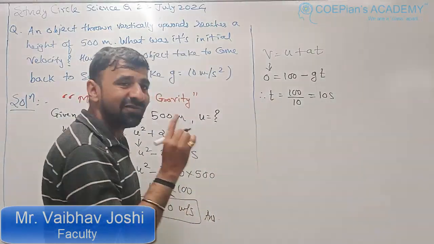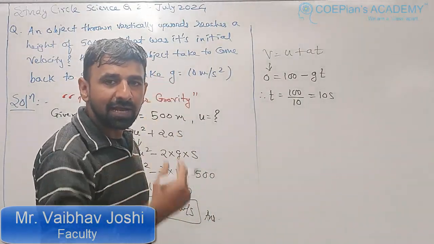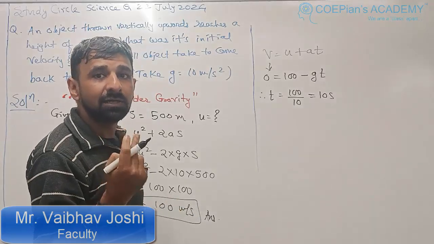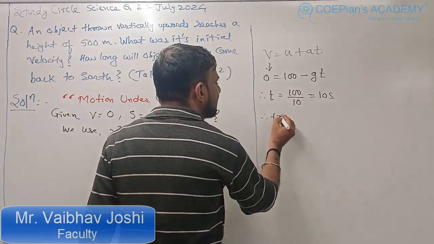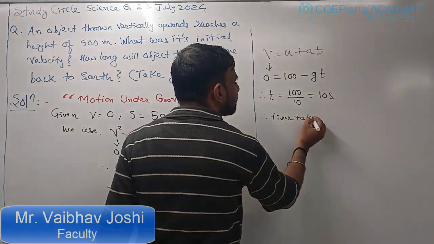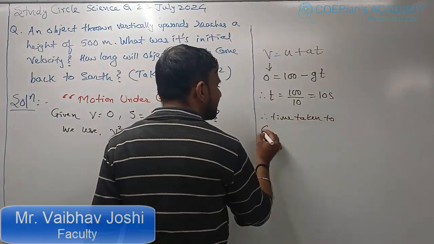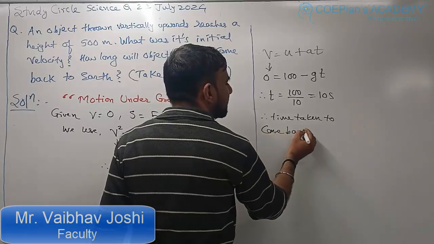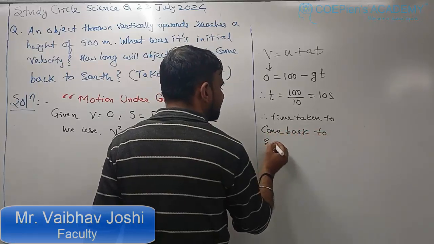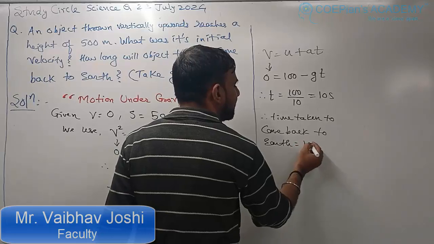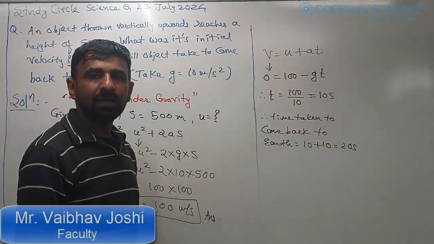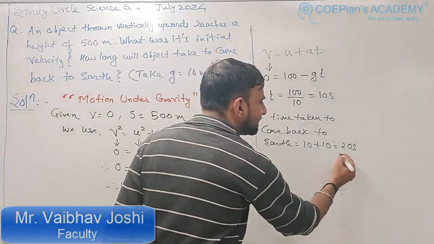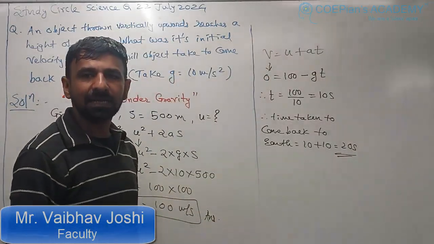But since this is a one-way time, and I told you the time taken to come back to the earth is the two-way time, therefore the time taken to come back to earth is equal to 10 plus 10, which is 20 seconds. So 20 seconds is the final answer.